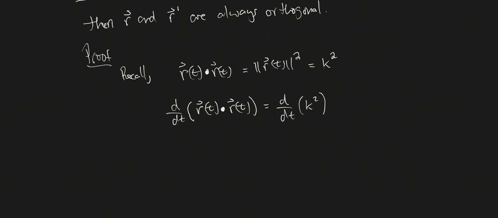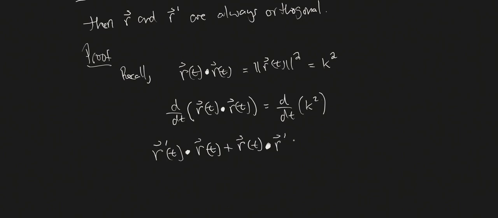We're going to use our dot product rule, and we're going to end up getting the derivative of the first dotted with the second, and then plus the first dotted with the derivative of the second.